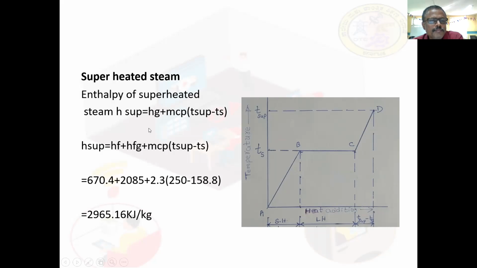Similarly, for superheated steam, use this equation. After getting this answer, you have to subtract 105 from this. So if you do that, you will be getting 2,950.16 kilojoules per kg of the steam. So this is how the problem is solved. To solve the problems, you require the help of steam tables.